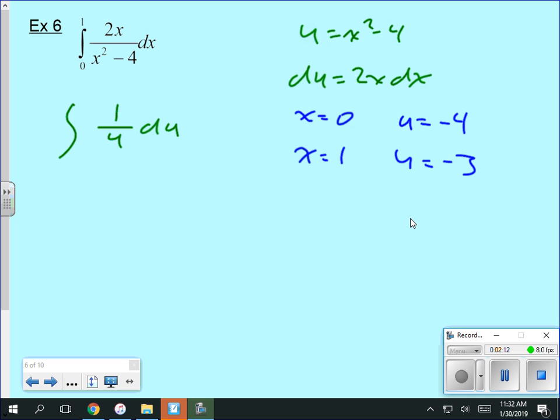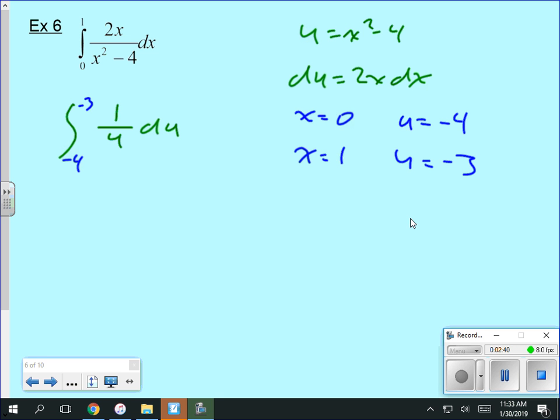So I change my bounds from 0 to 1 to -4 to -3. Then I just do everything in u, and I don't have to worry about going back to x. If I change my bounds, I never have to worry about x again. Everything's now in terms of u. Because I changed my function from x to u, I can change my bounds accordingly.